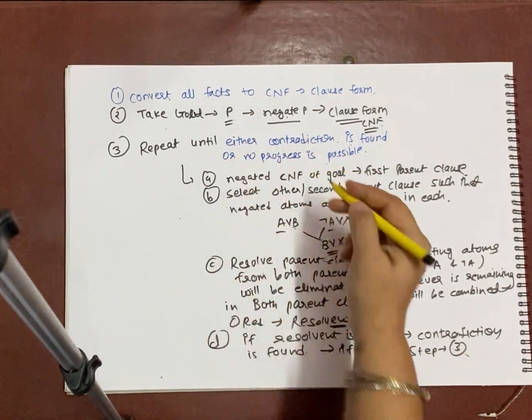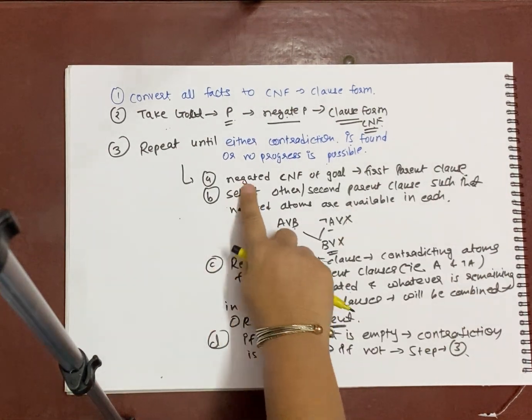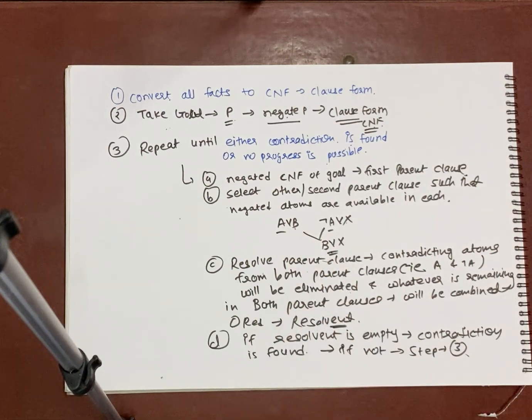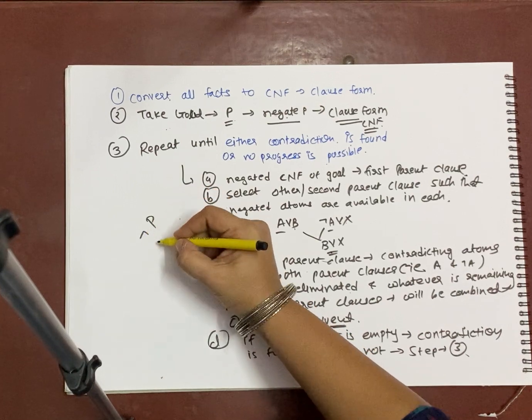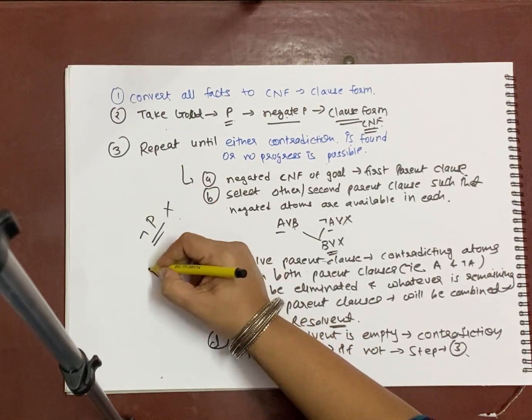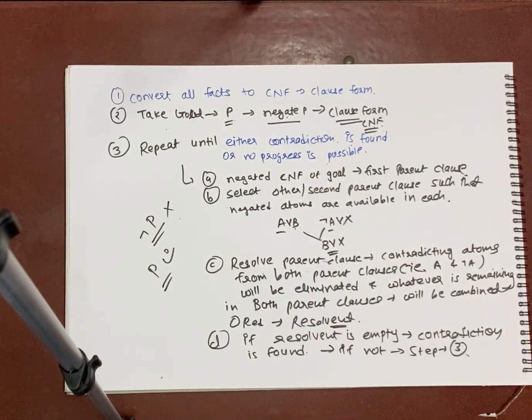Means once again repeat, select the parent clause and keep on repeating the procedure. So this is how we search for contradiction, and if the contradiction is available, then we can prove that our negated goal is not true and the positive goal is true. So these are the steps which we are going to apply.